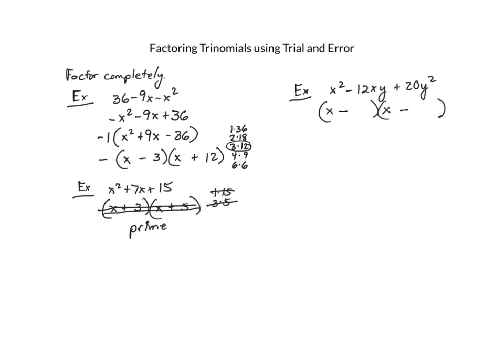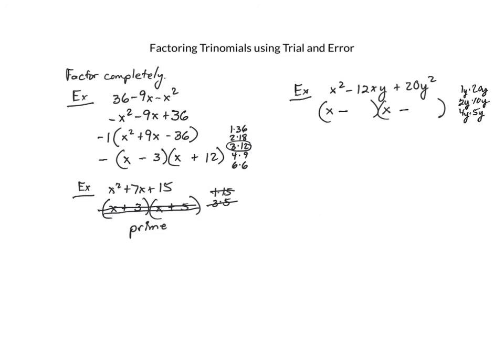Now here's where things are just a little bit different. Instead of 1 times 20 and 2 times 10 and 4 times 5 as possibilities, I know I need a 20y squared. That means I need to try 1y times 20y, or 2y times 10y, or 4y times 5y.